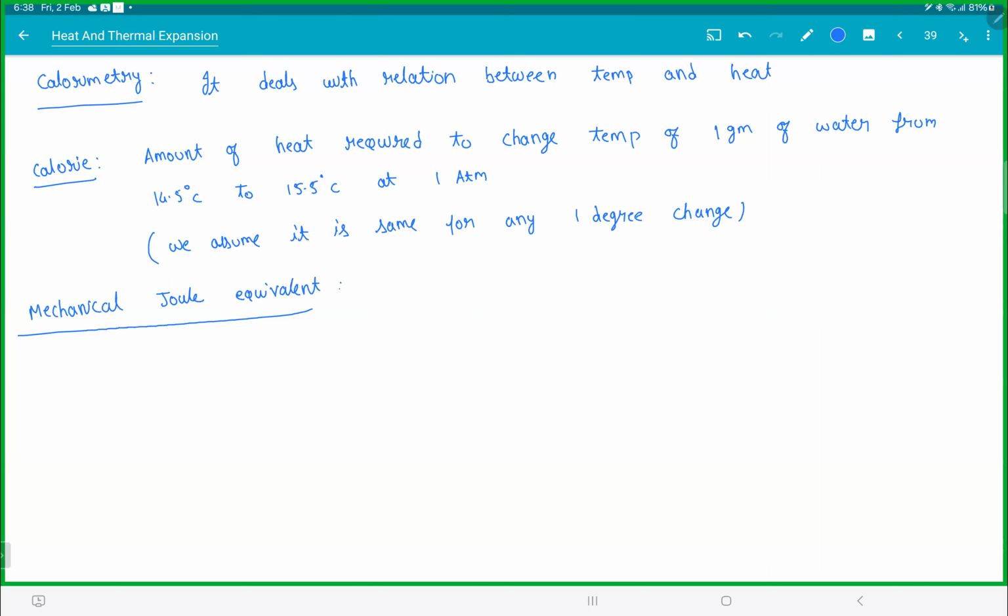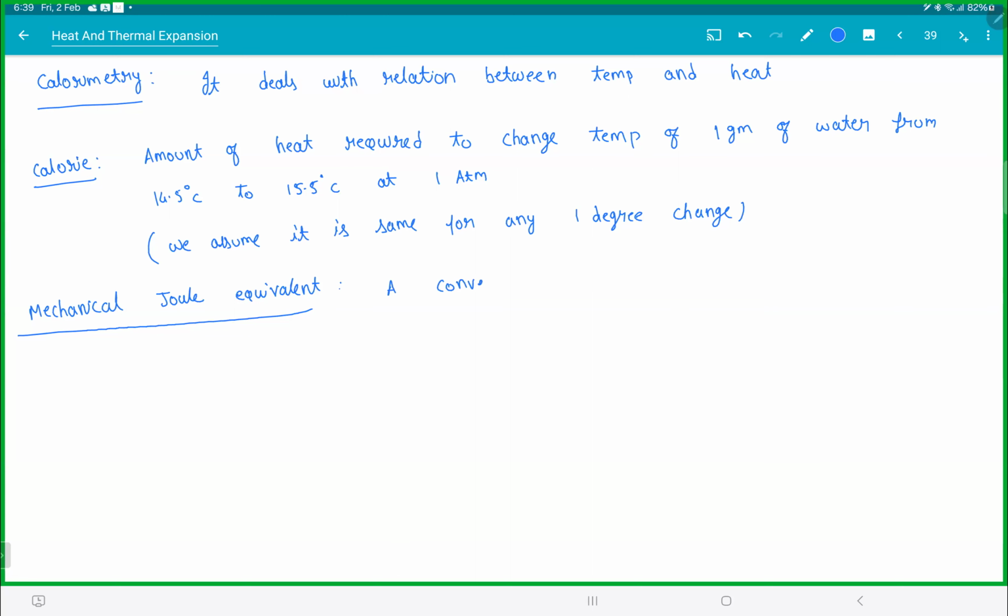So initially, people thought you can change temperature only when you give heat. But later on, people realized, no, that is not the scenario. You can give even work and change the temperature. Then they said, oh, that means you're talking about the same thing. It's not a new thing. So we had to convert all the factors of heat into joules. So mechanical joule equivalent is simply a conversion factor from calories to joules.